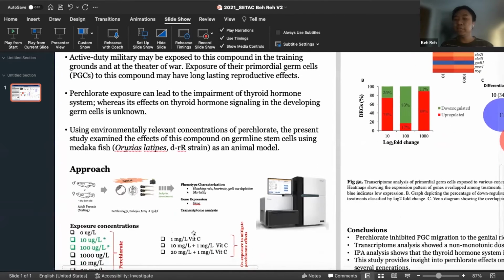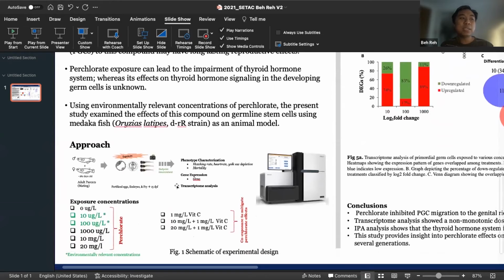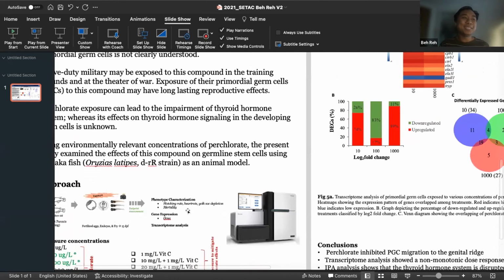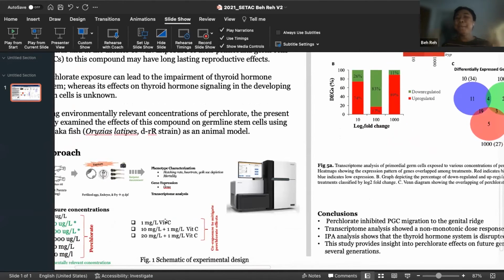So we did next generation sequencing, library preparation, RNA sequencing and gene expression to look at what genes in the primordial germ cell were affected. And we looked at numerous genes, but I was only able to present gCNA because it was the main gene that protected germ cells.